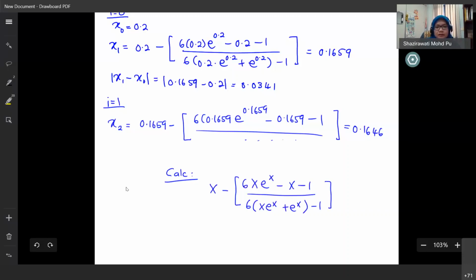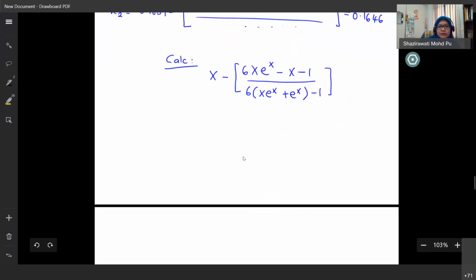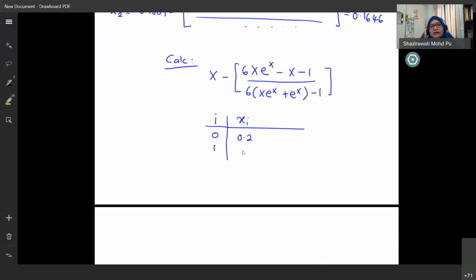In the table, xi always starts with x0, which is given to you as 0.2. Now in order to get the x1, you are using this formula, but you put the x value as 0.2, because this is the position for your left value on your formula. So all of the x should be 0.2.